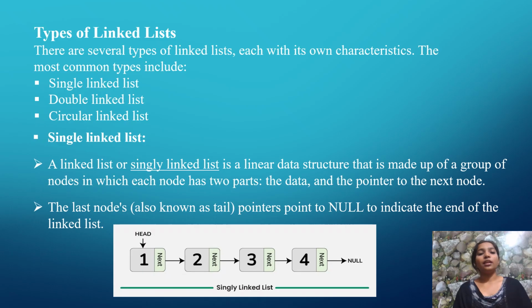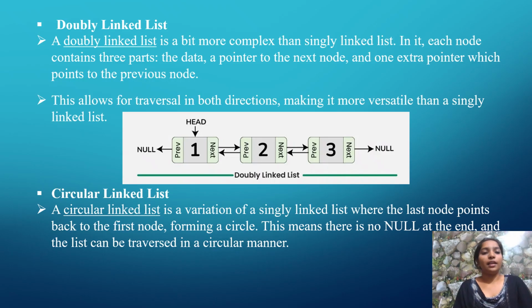The last node, also called the tail, points to null, which indicates the end of the list. Here we can see an example of single linked list. Here the elements are connected to one another, and the last node refers to null. The first node is the head.